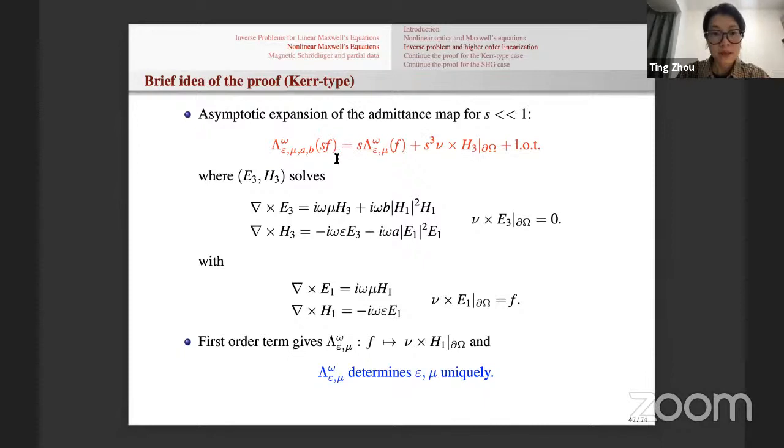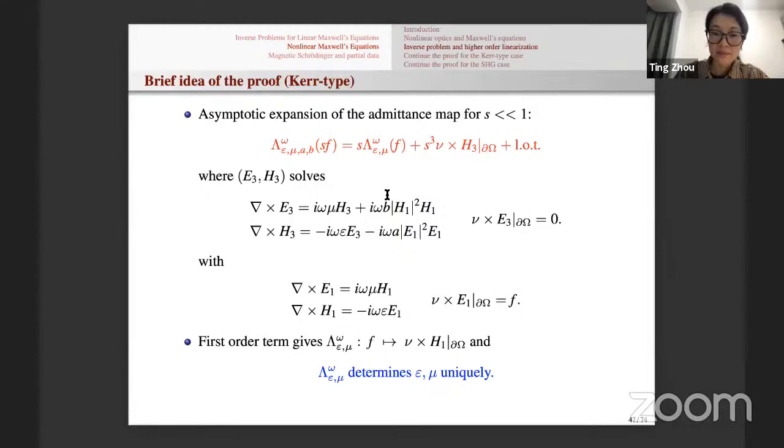But from the first term in the expansion, what you get is the admittance map associated to the linear Maxwell's equation, epsilon mu. So you can immediately use this to recover epsilon mu.